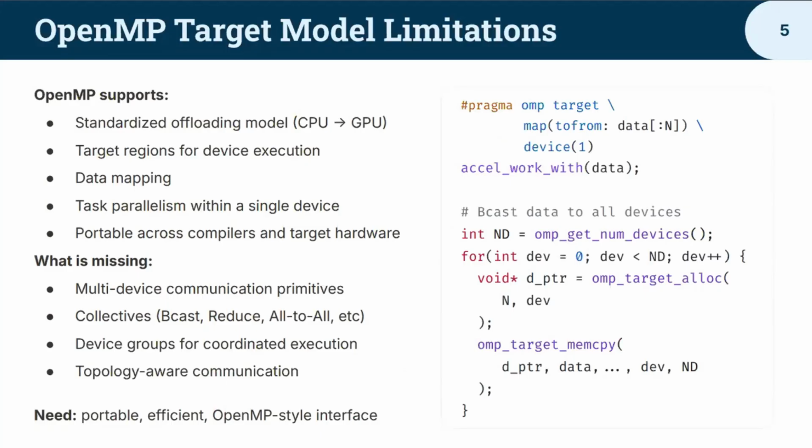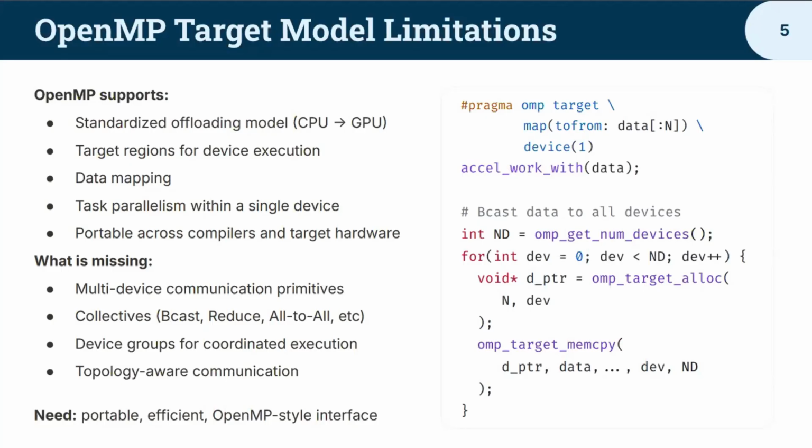So talking about OpenMP support, we know that OpenMP evolved to cover this offloading model, where we have a host and an accelerator. It is generic, but let's take, for the sake of the example, the GPU case. You can use OpenMP to mark a region of code that is going to run on your GPU, and you can say the data that's going to be moved there for the computation and the data that has to be moved back.